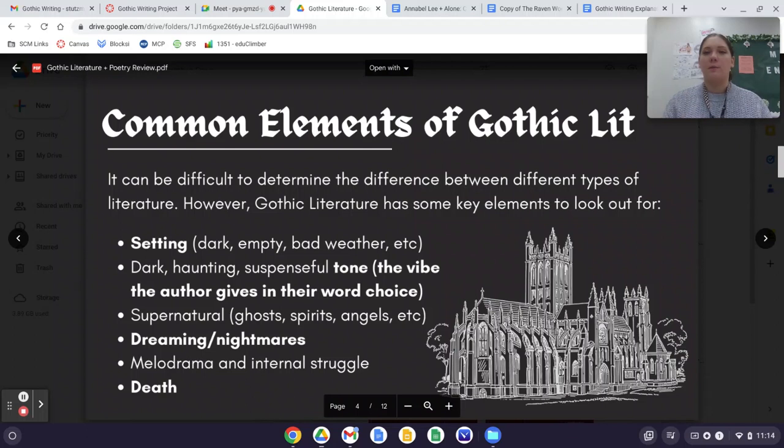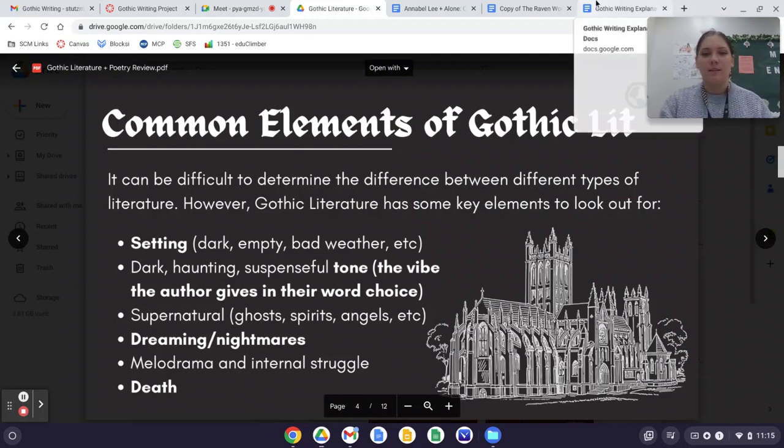Supernatural: include ghosts, spirits, angels. Dreaming and nightmares could be included. Melodrama or internal struggle, like struggling with personality or what to do or how to act. Also death. If you want an easy one, include a death in your story. At least 3 of these things need to be present to get full points.